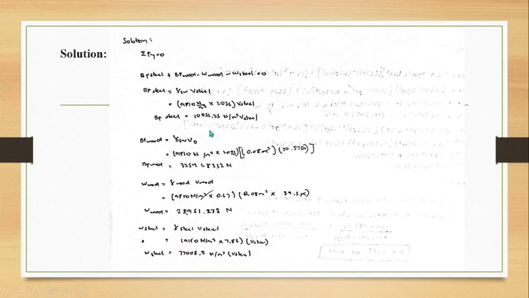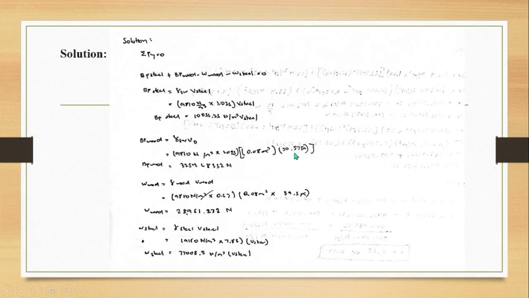Next, our buoyancy wood equals specific weight times V wood. The process is the same. We take 9810 Newton per meter cube times 1.025, times 0.08 meter squared, times 50.575 meter.